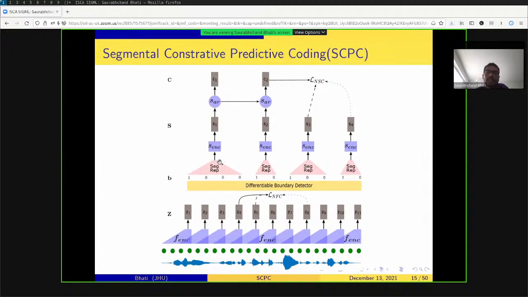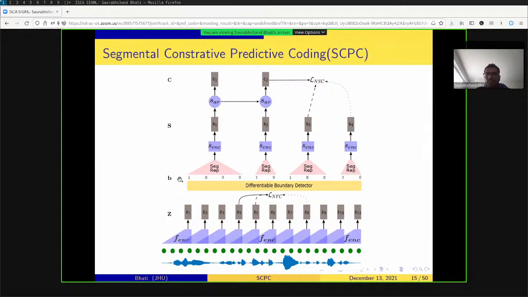And now we have this segment representation step. For now, you can think of this as just a simple averaging operation. So it takes in the first 4 frames, takes the average, and generates, let's call it, the intermediate segment representation for now. The reason we do it is to take care of the length issue.